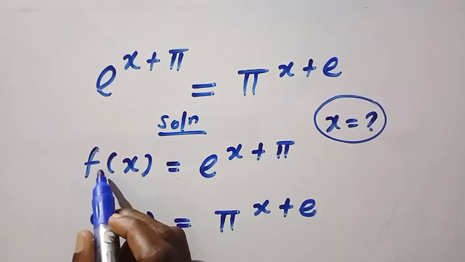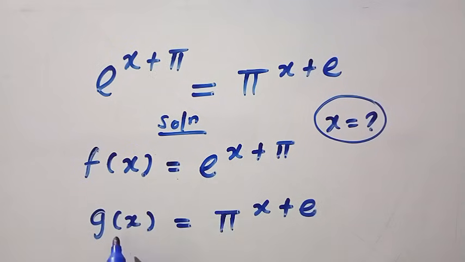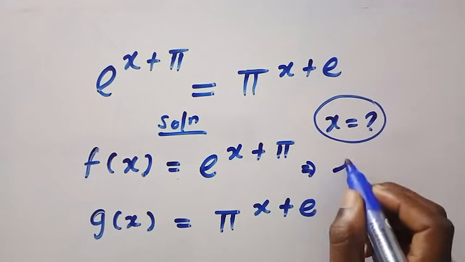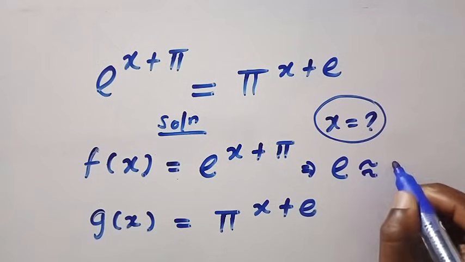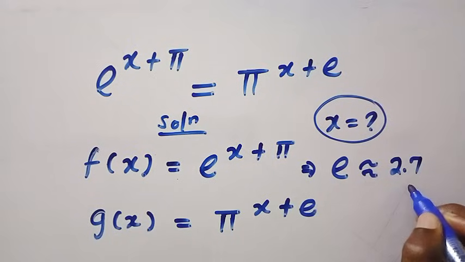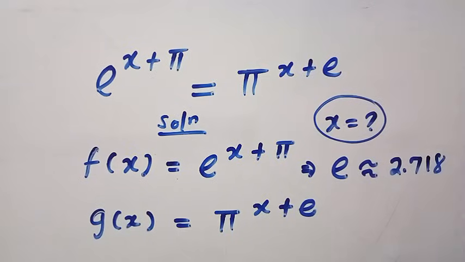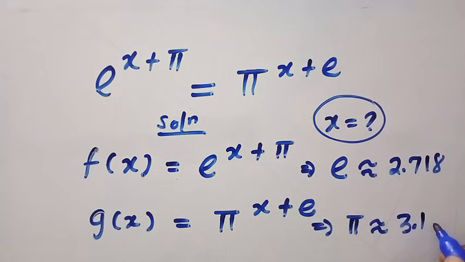So we have the base of f(x) to be e and the base of g(x) to be π. The value of e is approximately 2.718, while the value of π is approximately 3.1416.